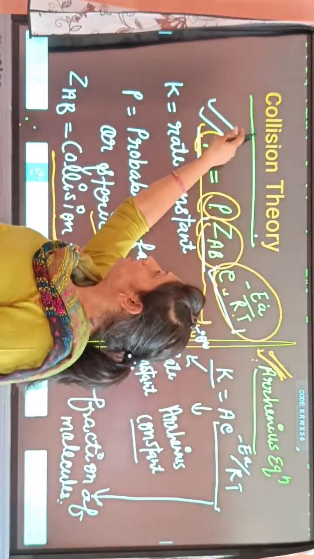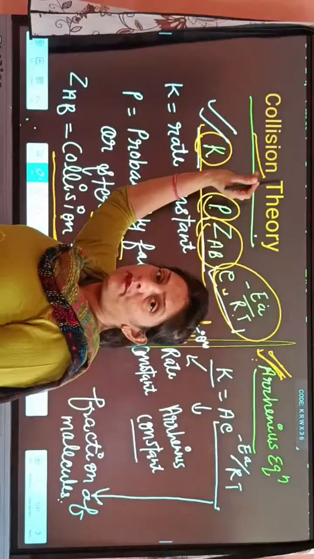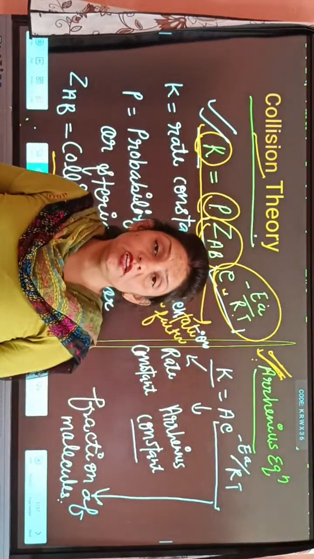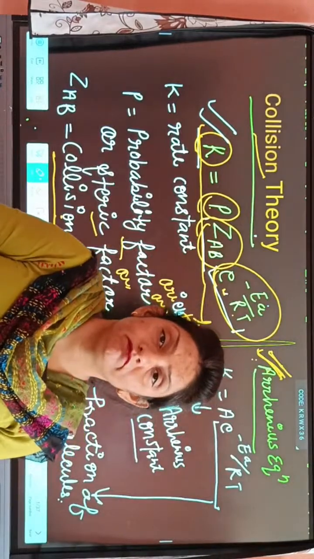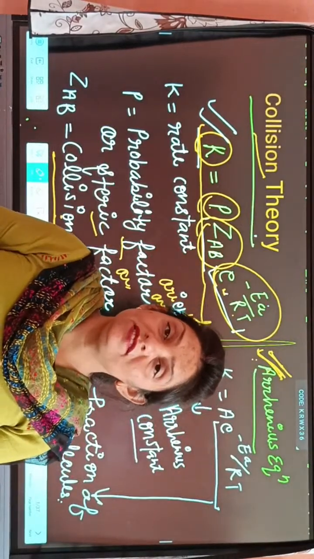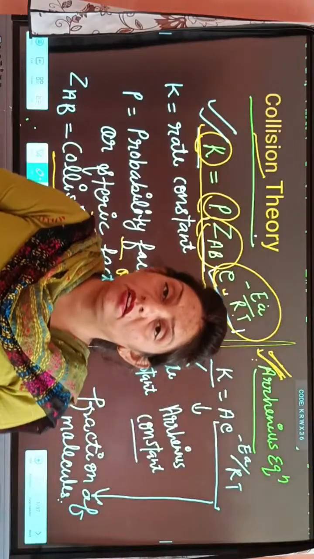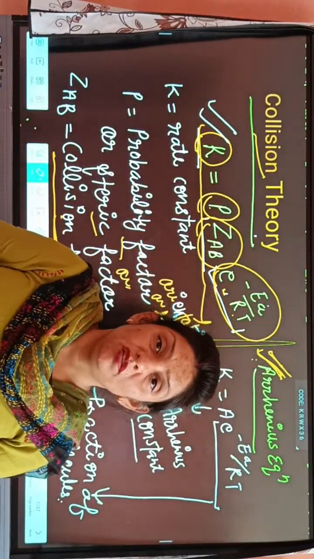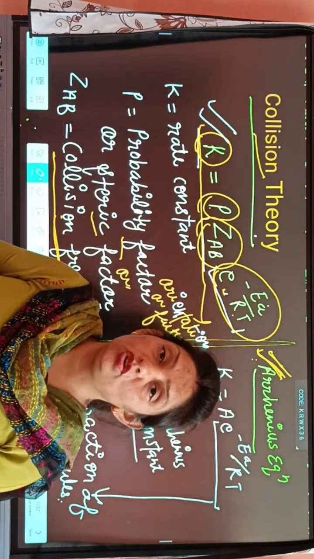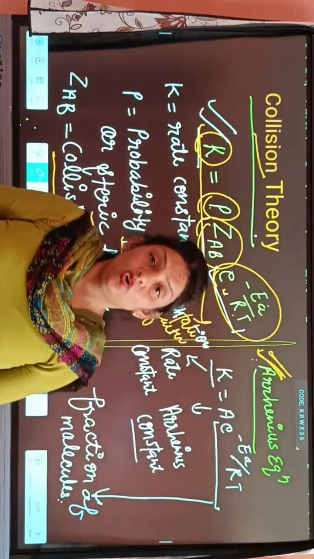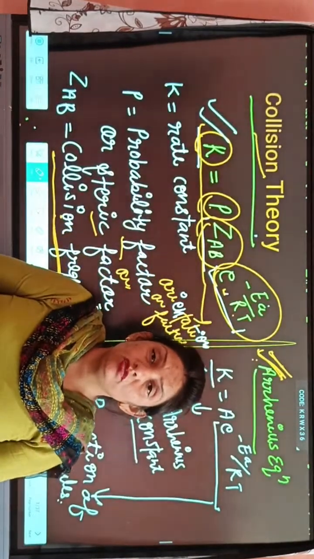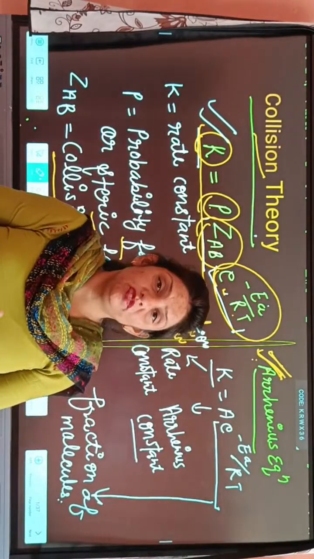Because in collision theory, atoms and molecules are considered hard substances, like balls. But atoms and molecules are not very hard and they are very small, microscopic particles, so we can't compare them with that.